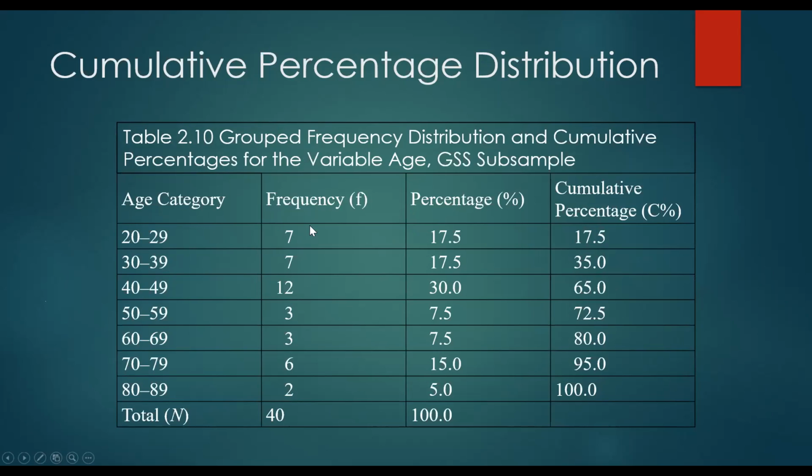If I know that 7 fall between the age group of 20 and 29, 7 divided by 40 times 100 gives me 17.5. That's the percentage that fall in that group. It just so happens that 30 to 39 is the same number, so 17.5. Now if I want to know the total percentage of my sample that is age 39 and younger, I add up these two, which gives me 35%.